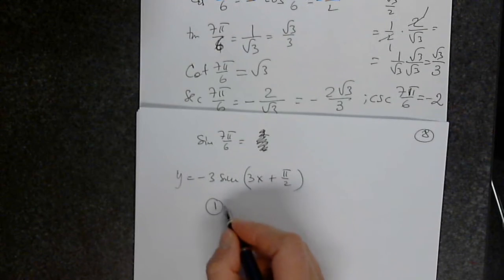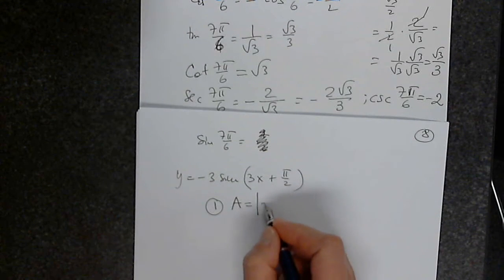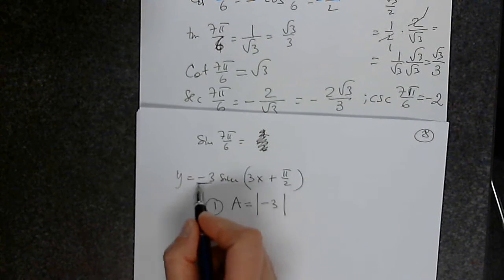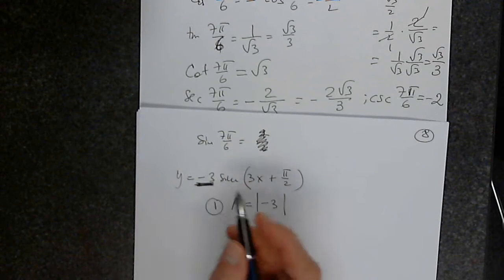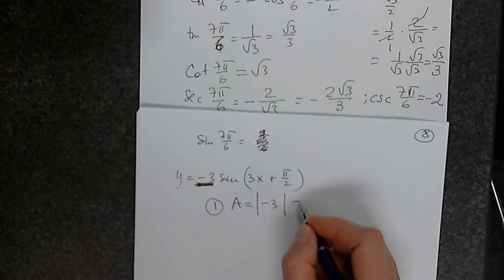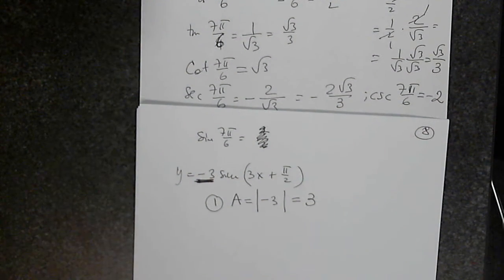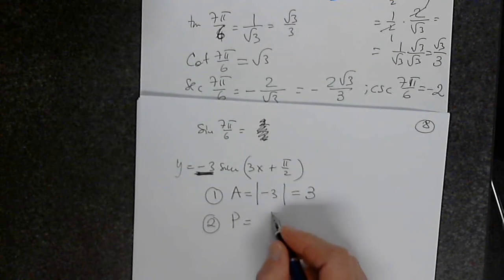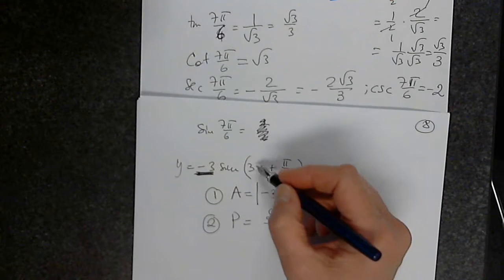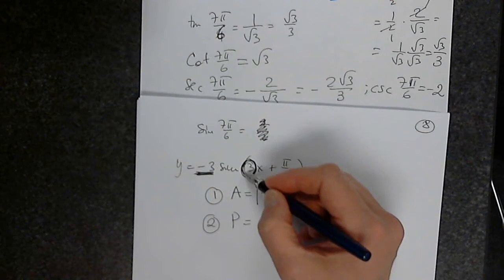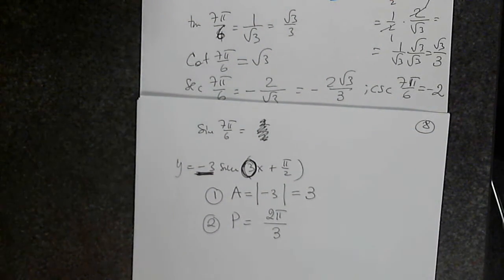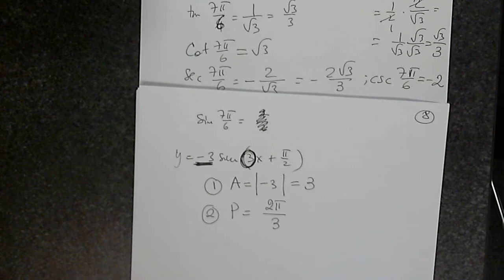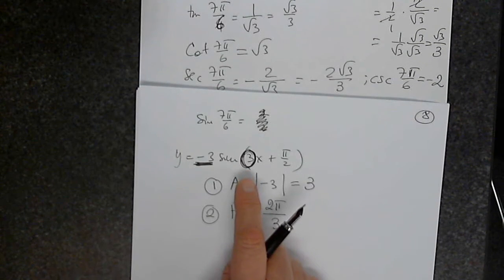Number 1, the amplitude has to be the absolute value of the number in front of sine. The absolute value of -3 is 3. Number 2, the period for sine must be 2 pi divided by the number in front of x. The number in front of x is 3.